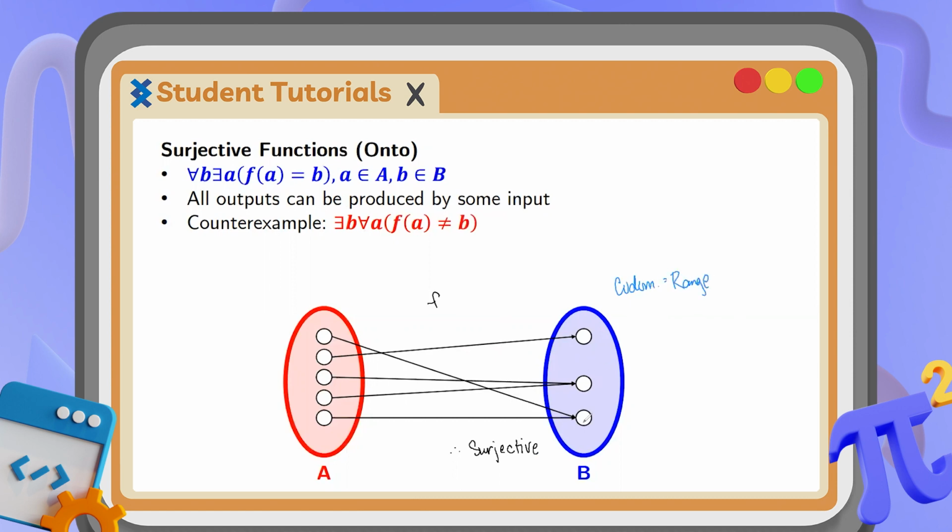Assuming that codomain B consists of three elements only, then we can say that the codomain is equal to the range. Additionally, since we're focusing on the codomain for surjective functions, we need to take note that for all elements of B, it needs to be mapped by at least one element in A, or the domain. And since it satisfies that property, then this function would be surjective.